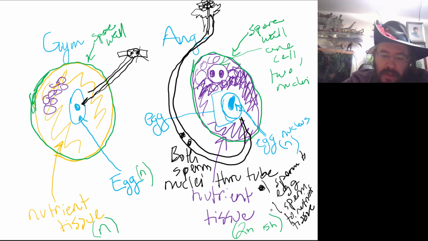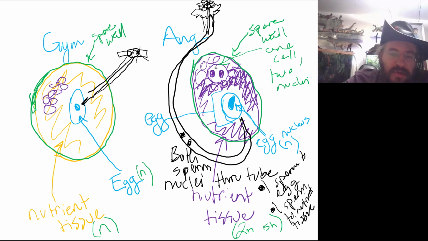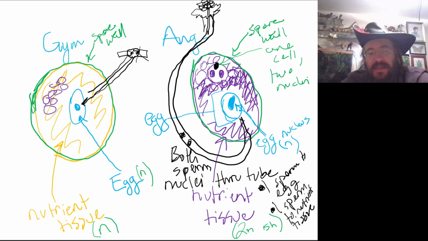There are 2 fertilization events. In one fertilization event, it's what you think of when you say fertilization, sperm plus egg. The other fertilization event is one sperm to the binucleate tissue, and we get, what do you know, trinucleate tissue.